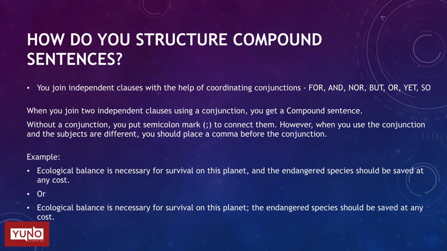In case you do not want a conjunction there, you want to structure your sentence in a different way, you can just place a semicolon. Ecological balance is necessary for survival on this planet; the endangered species should be saved at any cost.